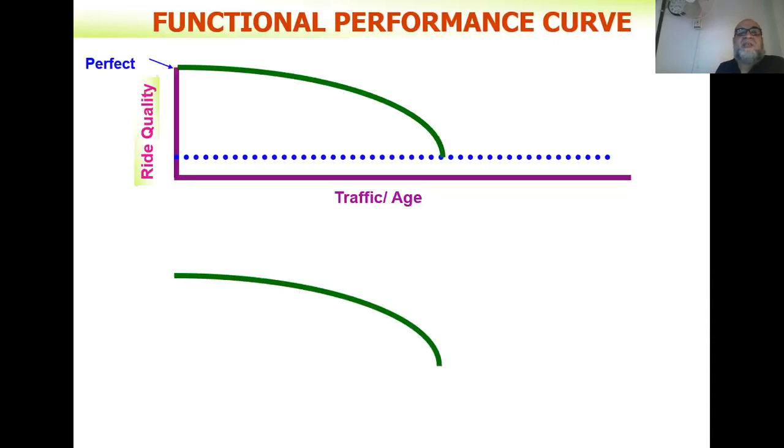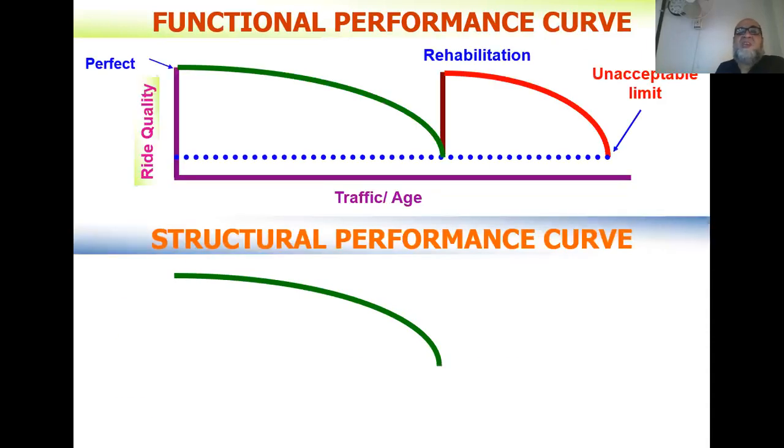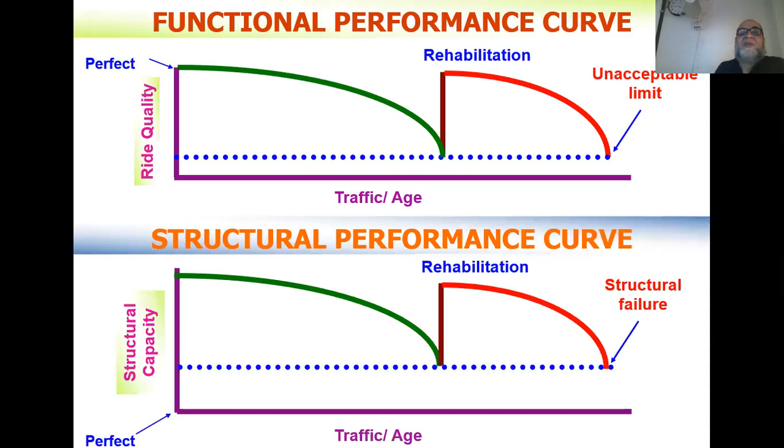Let's look at how we design our pavement. For functional performance, we always mean ride quality. When the road is constructed, it is performing at its best, a new road, but with time this performance deteriorates, and there comes a time when we reach the point that something has to be done to improve the pavement.